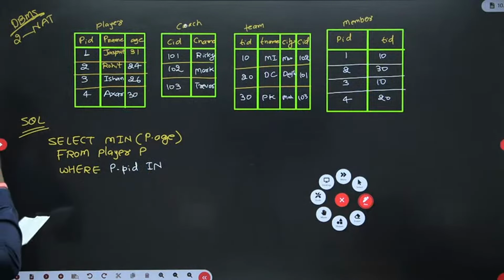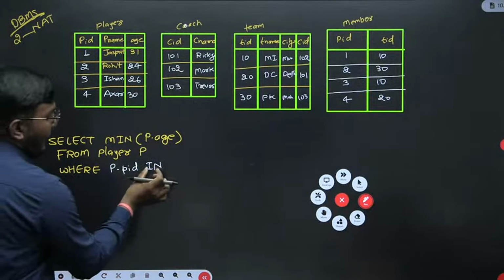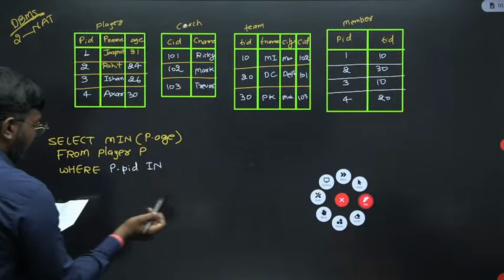This is the IN operator. We already know the IN operator is used for membership testing. Now, after the IN, write the nested query.